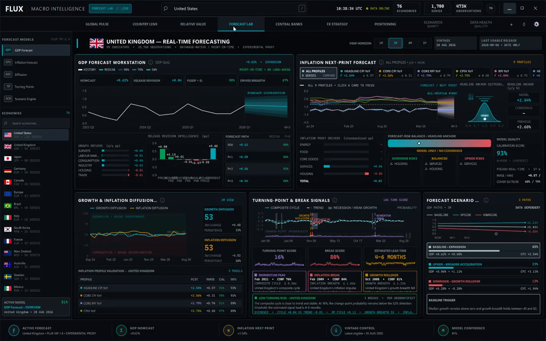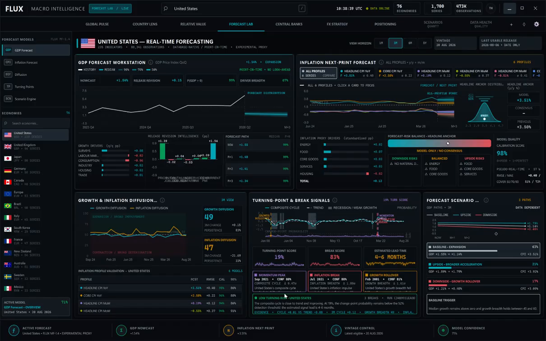The next tab is the forecast lab, which is a complete, fully detailed forecast, which has not been discussed in the macroeconomic materials I have seen so far.